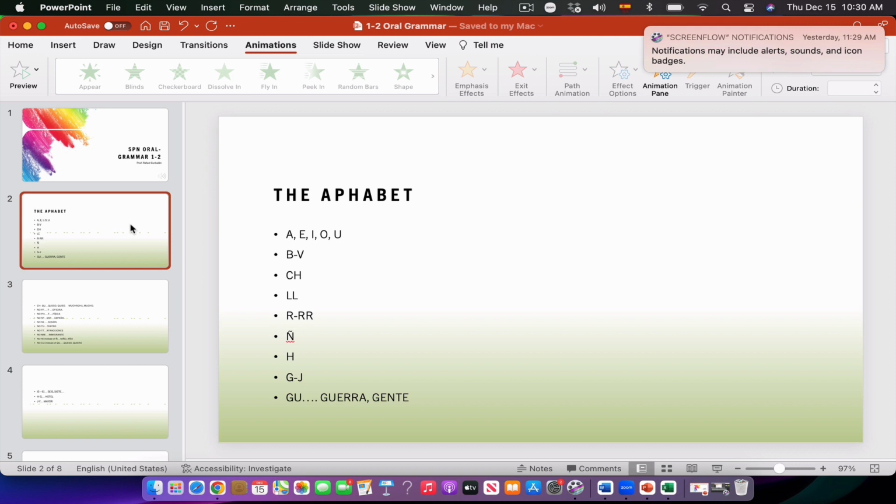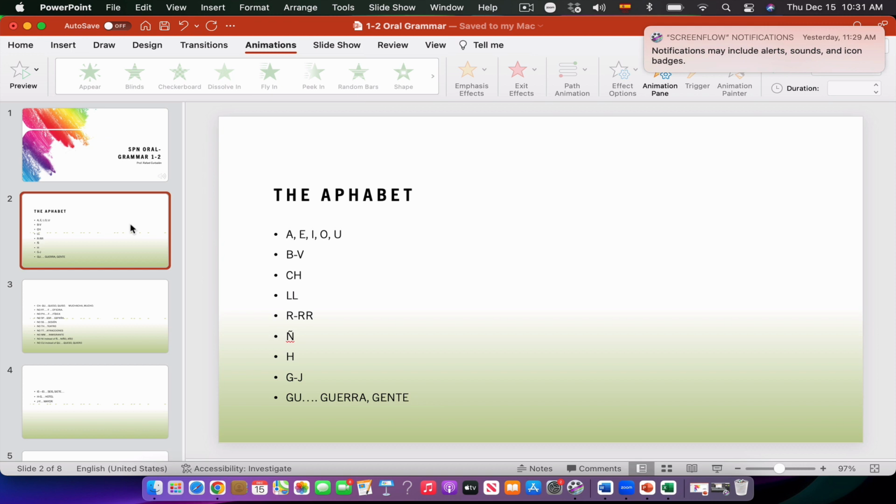So the first thing that you should keep in mind is that the vowels that we have in Spanish are five, and the way we say them, the way we produce the sounds, are different from English. Another thing is that the vowels in Spanish always have the same sound. So when you see A, it's always going to be A. Doesn't matter where you put it in the word.